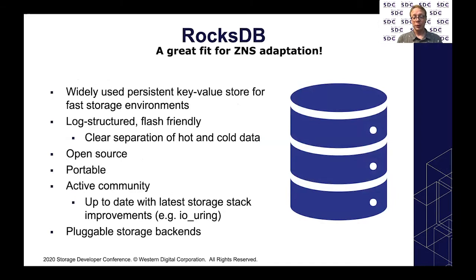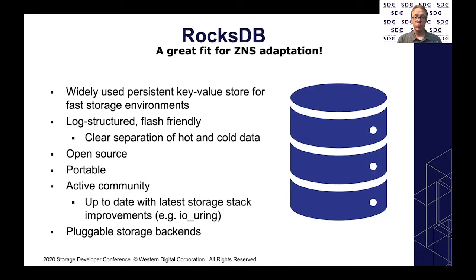So what would be a good application that we could adopt? Because this needs application cooperation to work well. Well, we went looking for an application a year ago, as I mentioned earlier, and we found RocksDB, which is a great fit. RocksDB is a widely used persistent key value store for fast storage environments.